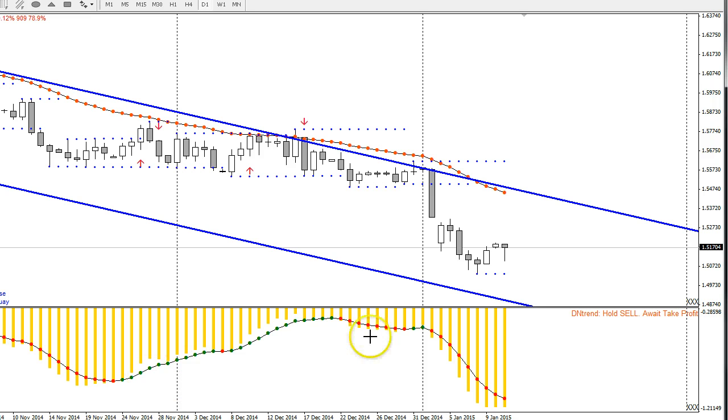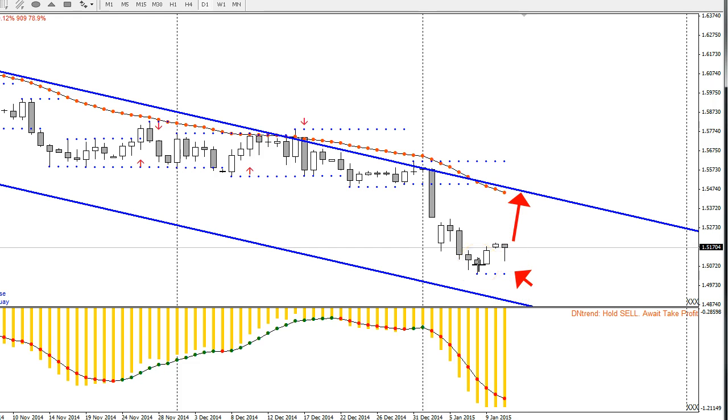Okay, to notice is that we have here a possible entry here, or if you want to play the retracement, which is all of this, we have a bit more room on the upside than on the downside.